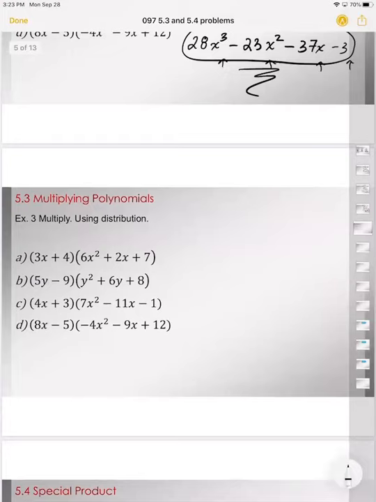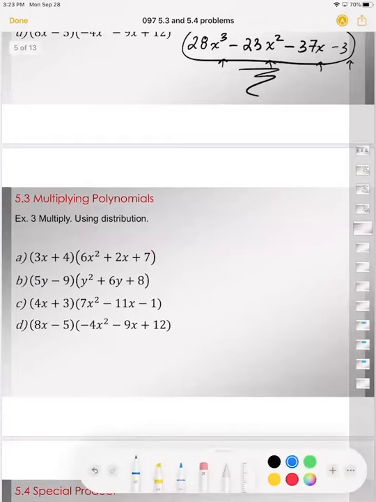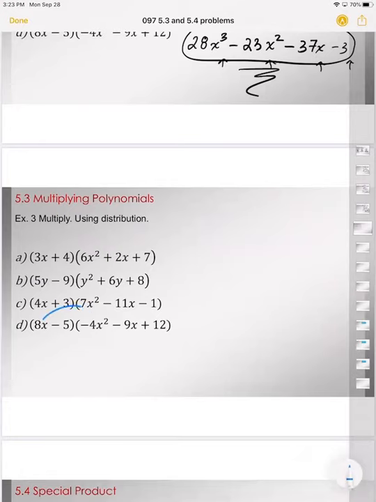If we have this particular item, do you agree that you can take 8x times the negative 4x, 8x times a negative 9x, and 8x times the 12? 8 times a negative 4 gives you a negative 32, x times x squared gives you x to the third.